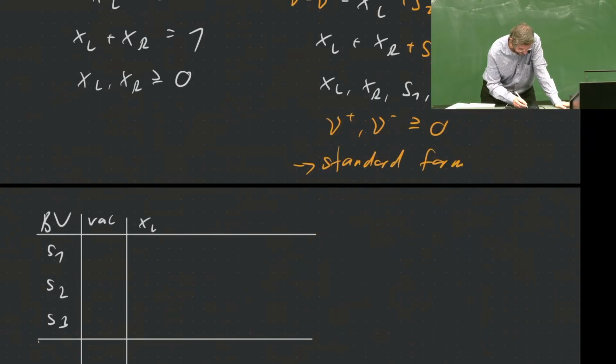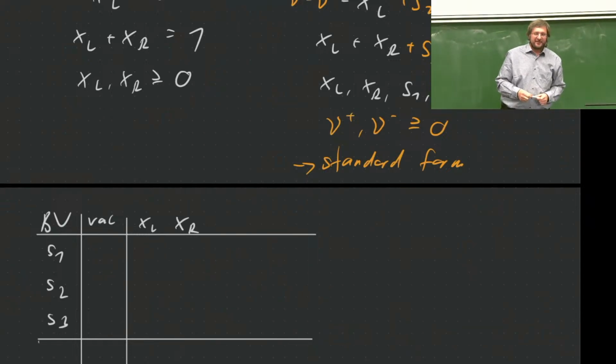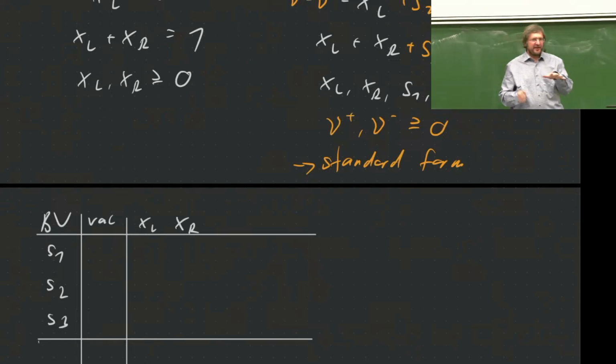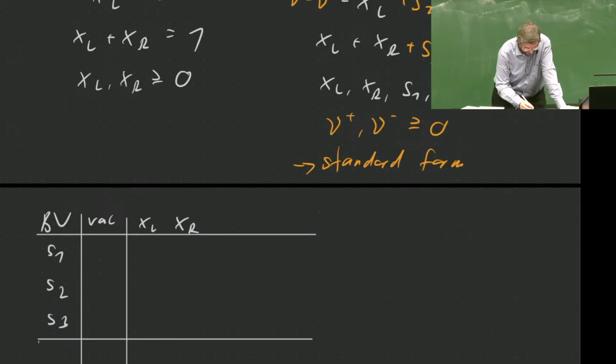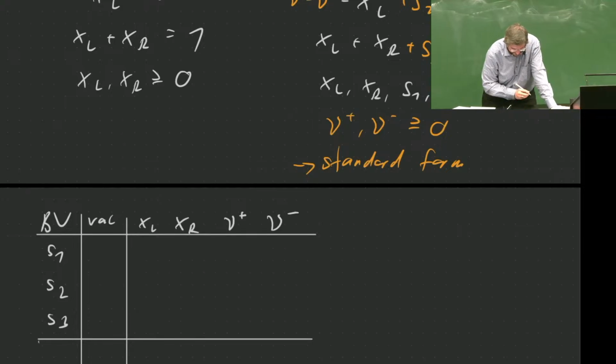I usually have 1 column for each variable. Again, not standardized. Some people only keep the non-basic variables here. I tend to keep all variables so that it's easier to switch tableaus. Yeah, but it doesn't really matter. So we have XR, we have XL, we have mu plus and mu minus, rather that way. And then we have the S's, S1, S2, S3, and that should be it.